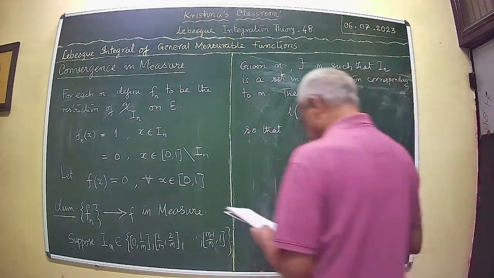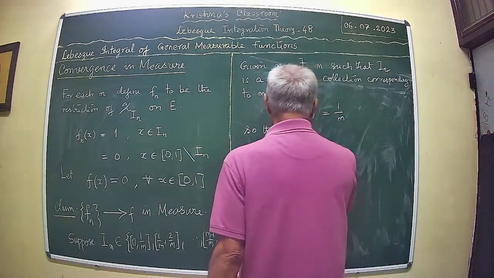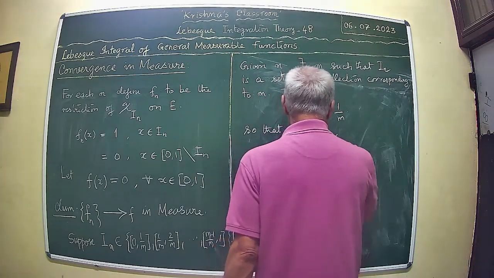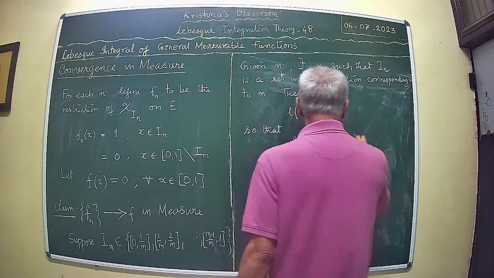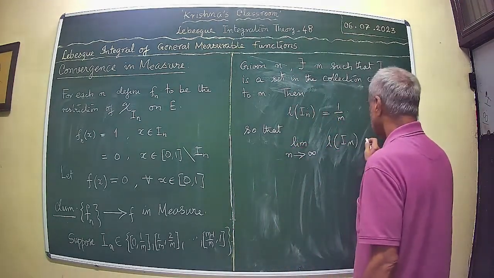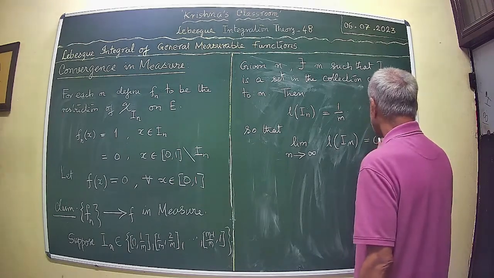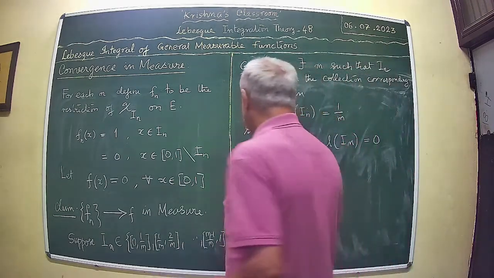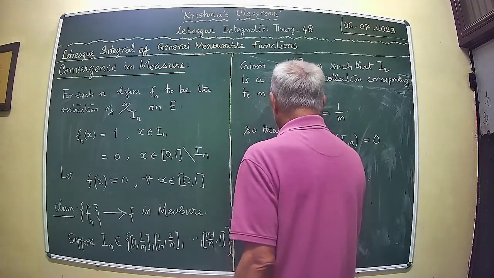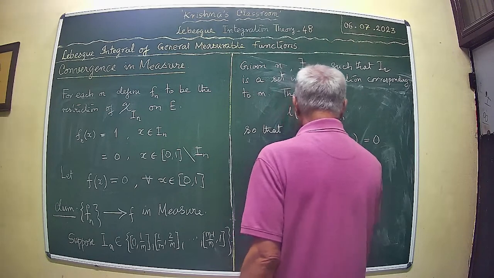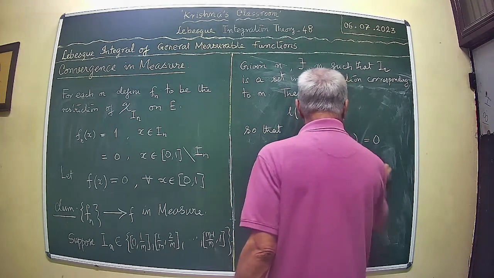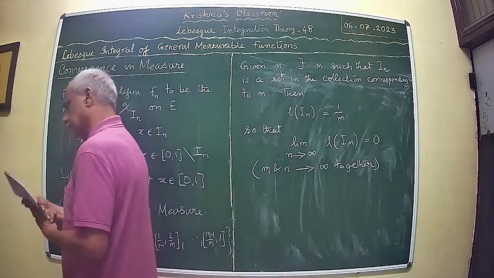Okay, limit n tending to infinity, which is the measure of In, because together. That's the reason.